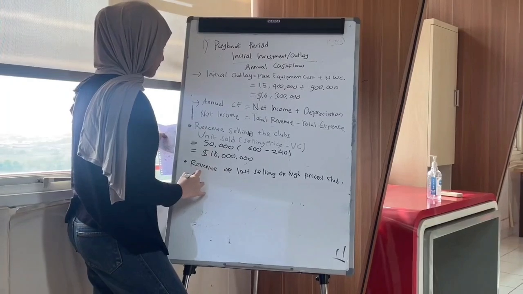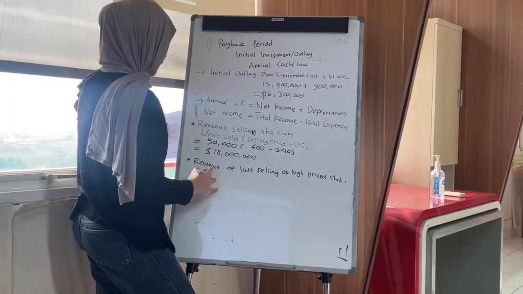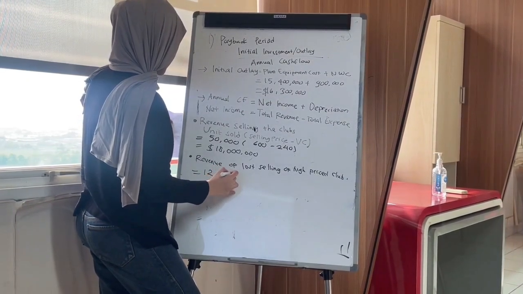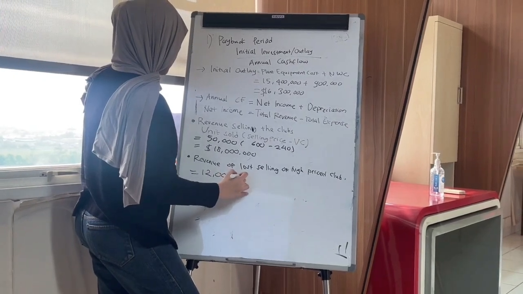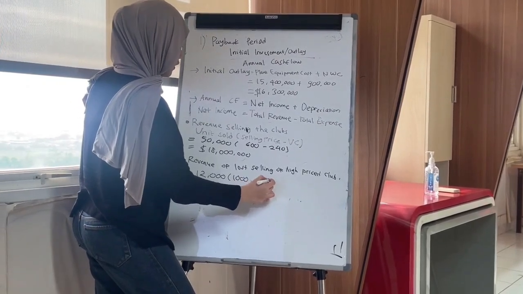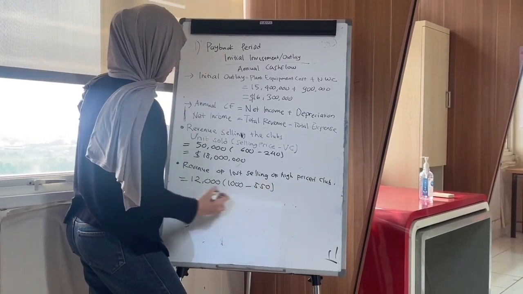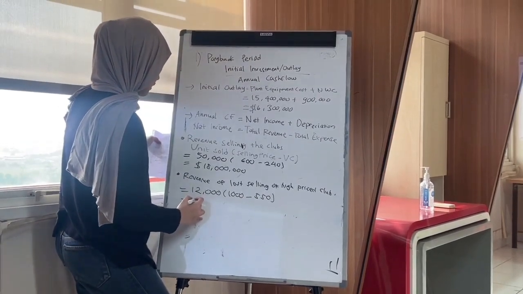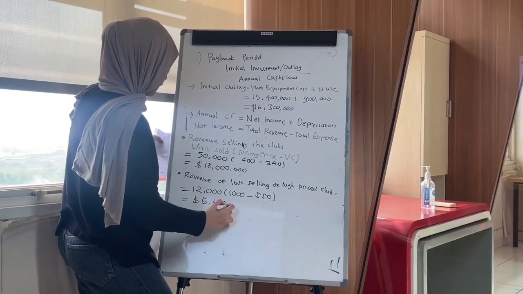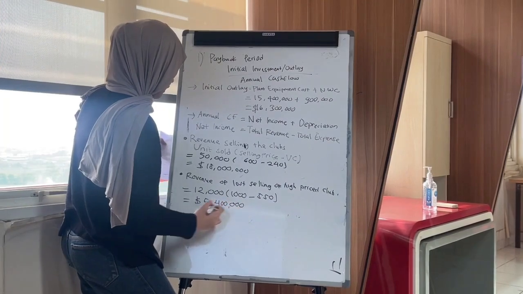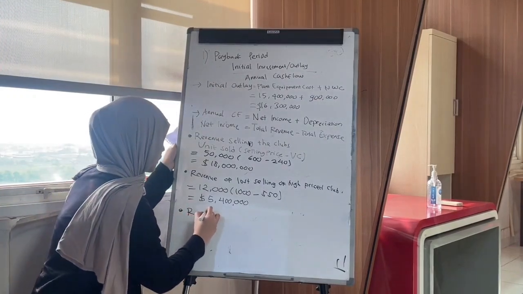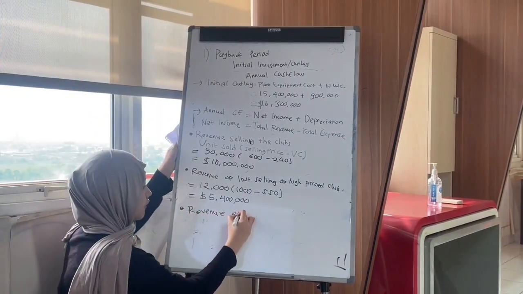With the same formula, we have 12,000 times (1,000 minus 550), and the total is $5,400,000.